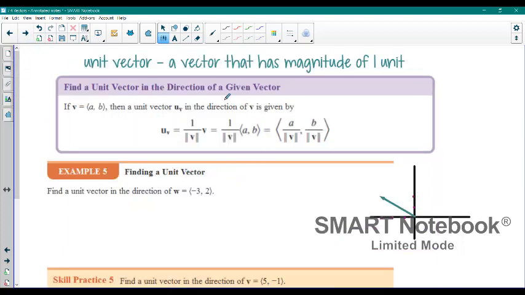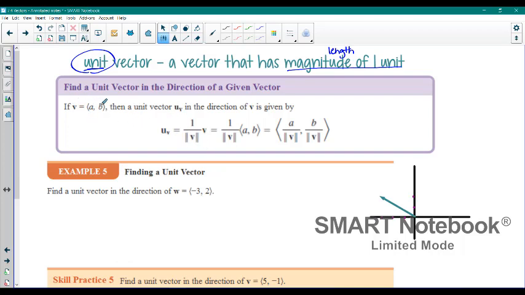So when you see those double bars, you'll know that that means the magnitude of the vector. So let's talk about what it means to be a unit vector. A unit vector is a vector that has a magnitude of 1 unit. So remember, magnitude means length, okay? This is an important underlying concept in some things that you will study later in school.